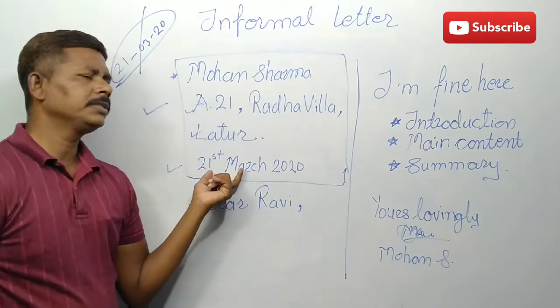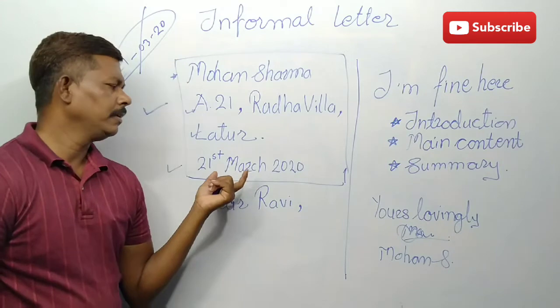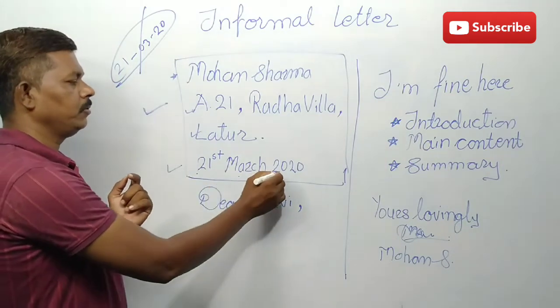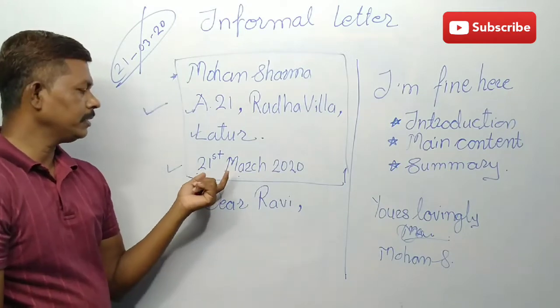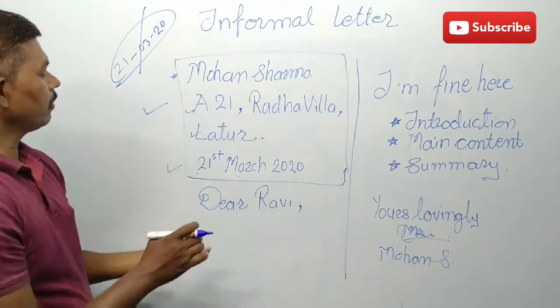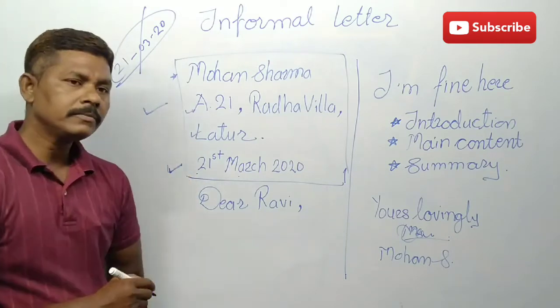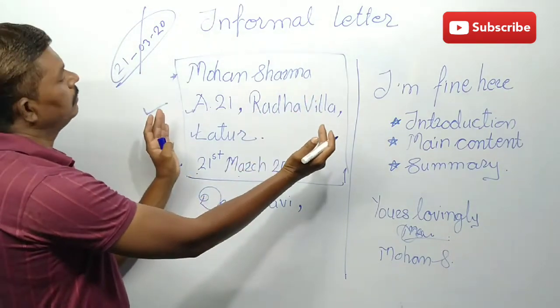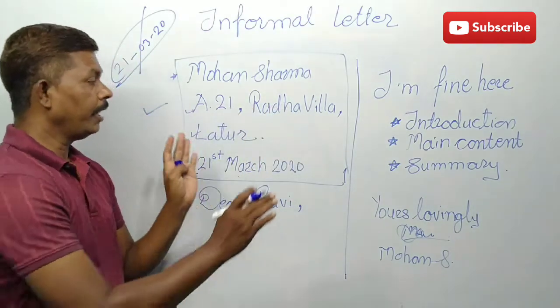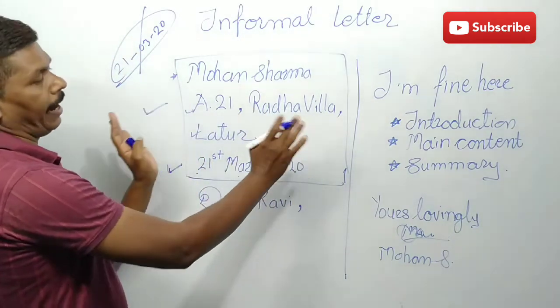The general format of writing the date on your letter is 21st March 2020. So these are the important aspects of your letter, I mean to say, of your address.